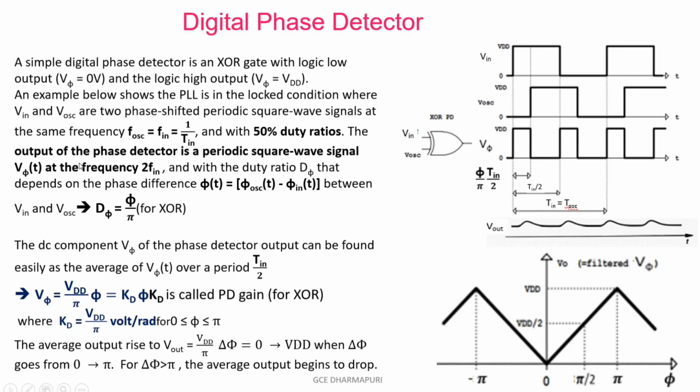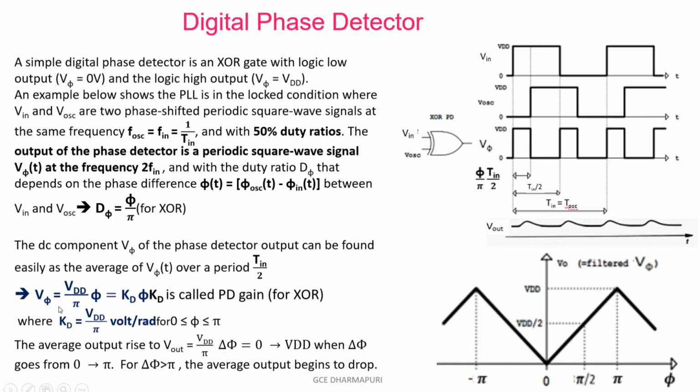The output of the phase detector is a periodic square wave signal V phi of t at the frequency 2 Fin, with a duty ratio D phi that depends on the phase difference phi of t is equal to phi OC of t minus phi in of t between Vin and VOC. So D phi is equal to phi by pi. The DC component V phi of the phase detector output can be found easily as the average of V phi of t over a period T in by 2.